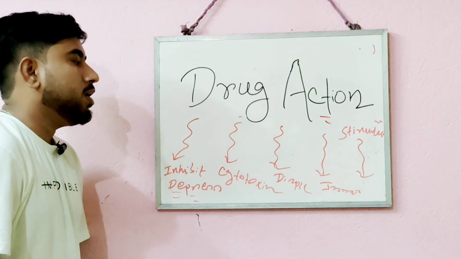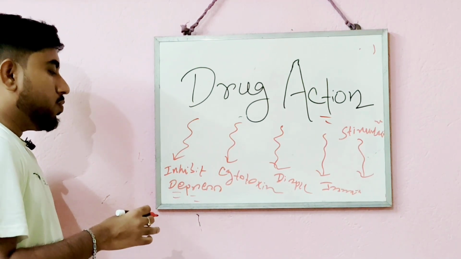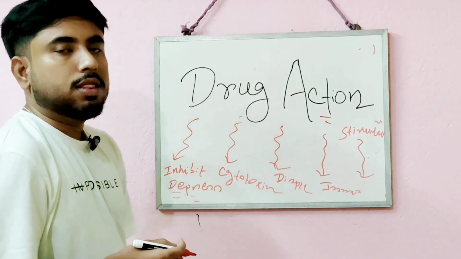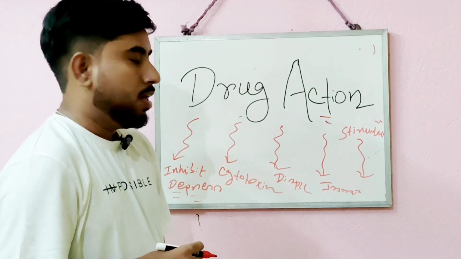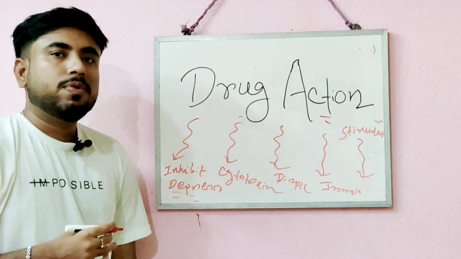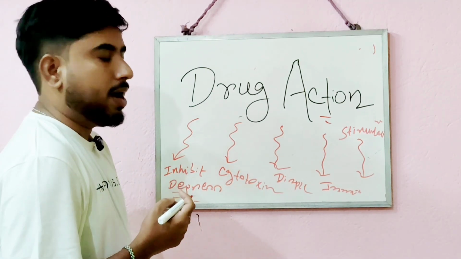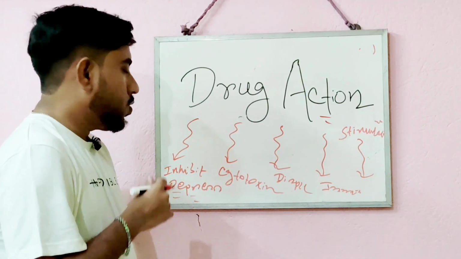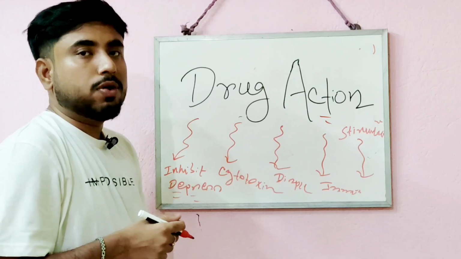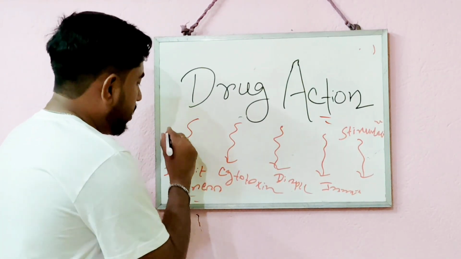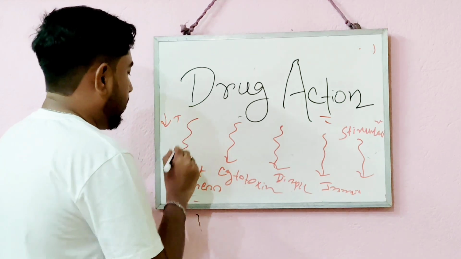Inhibition or depression: we sometimes hear that to treat any disease we take a drug. Just suppose you have a fever, so you take paracetamol or any antipyretic drug to depress or overcome your fever. The drug is going to inhibit the temperature or decrease the temperature.